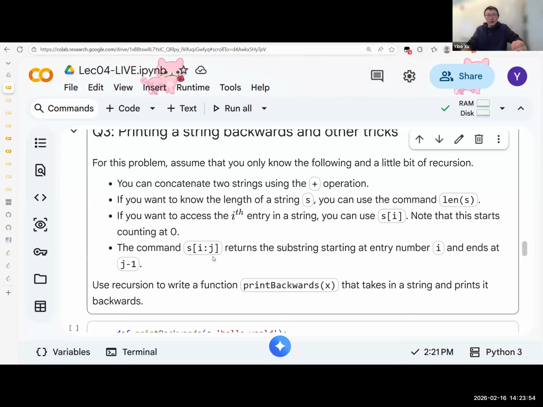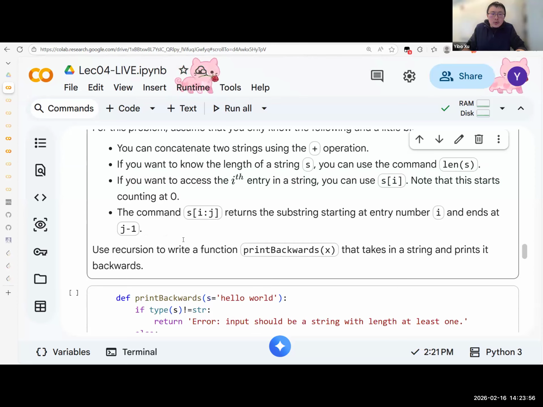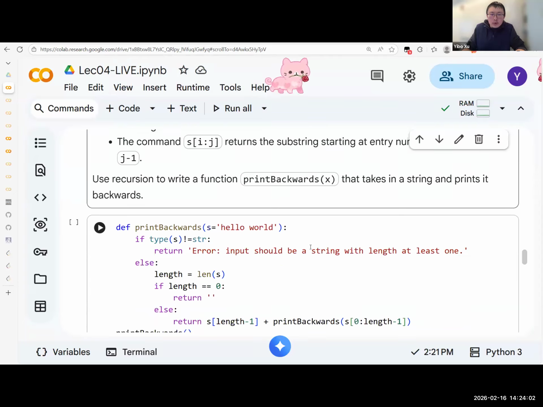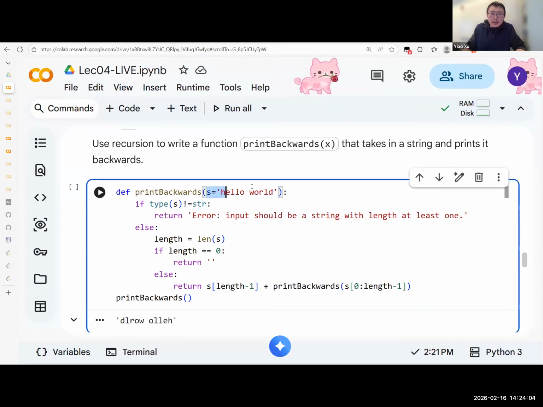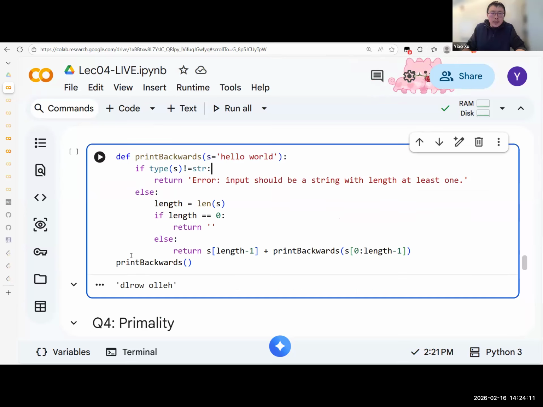Now, to write the recursion print backwards, here I use hello world as a default string. So when I call the function, it will help me reverse that string. What do I do? If the input is not a string, then I get an error.